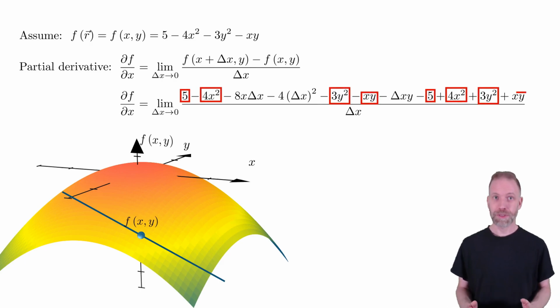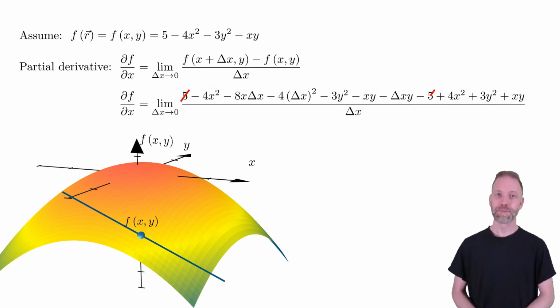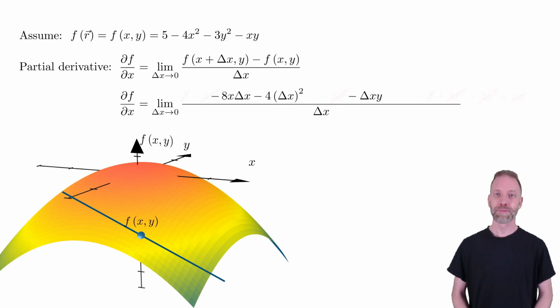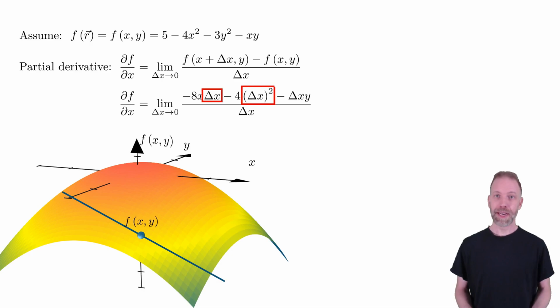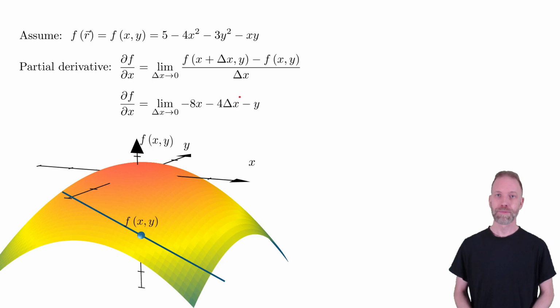All these terms will cancel. Divide by delta x. When delta x goes to 0, this one becomes 0.